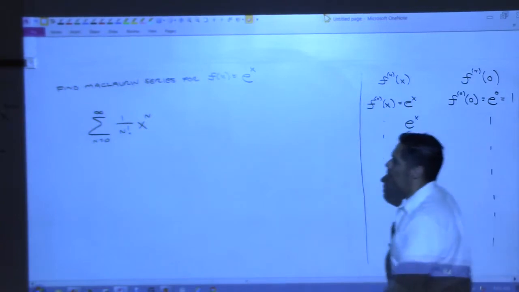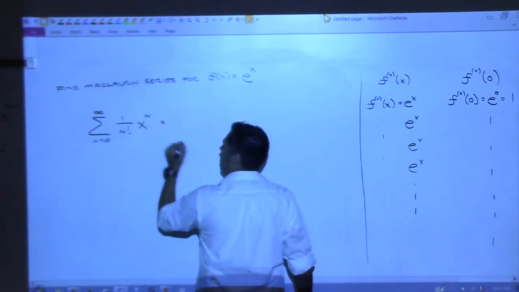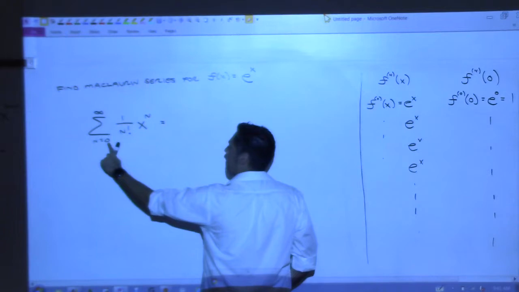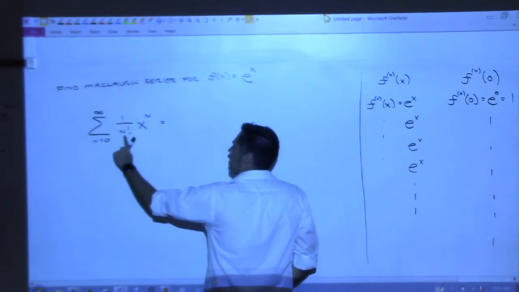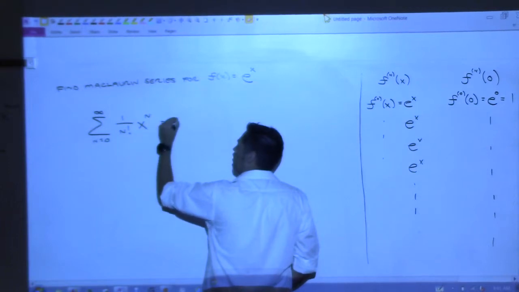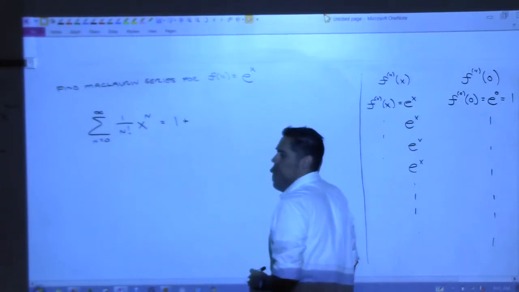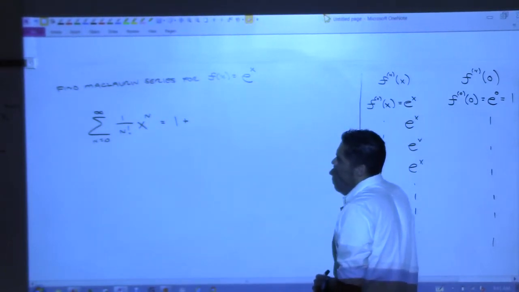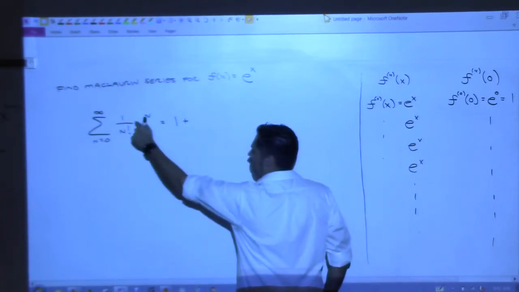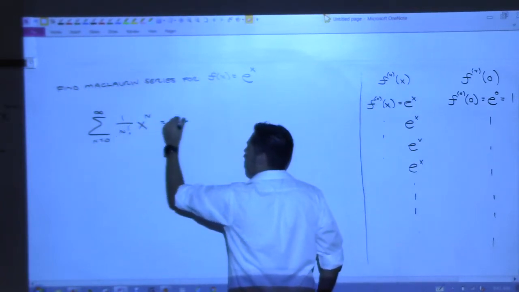Now let's write this out because I want us to actually see what it looks like. What is it when we plug in 0? We get 0 factorial, which is 1, so 1 over 1, x to the 0 is 1, so we get 1. Plus, now we're plugging in 1, so 1 over 1, x to the 1, that's just x.